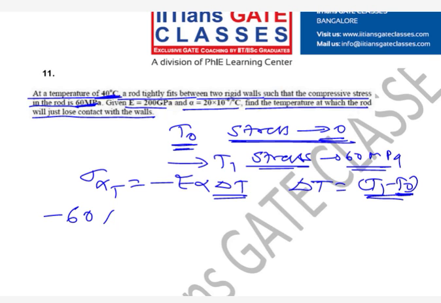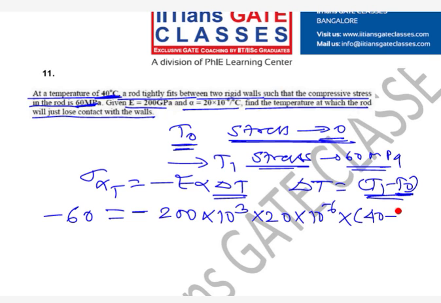So it is minus 60 is equal to minus 200 into 10 to the power 3, alpha is given as 20 into 10 to the power minus 6, and delta T, right? So delta T is what? 40 minus T naught. Find out T naught here.